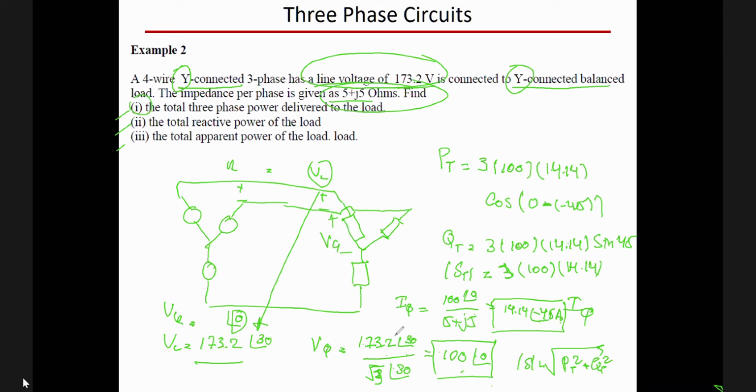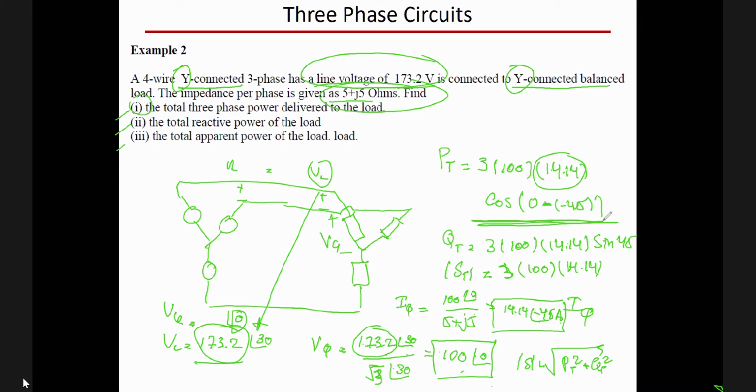You can basically use the 173 voltage as the line voltage. You can find the current, which is 14.14, the same as the line current because this is a Y connection. Multiply by cosine, but be careful. This is the root 3.